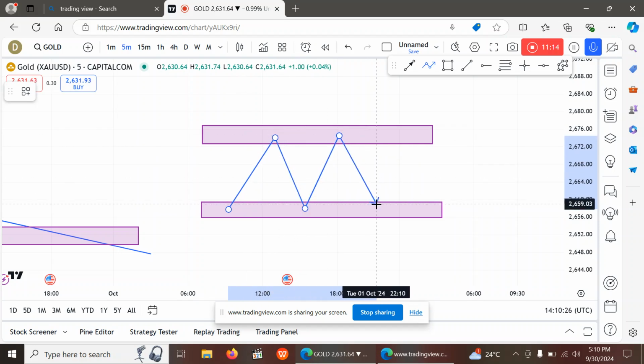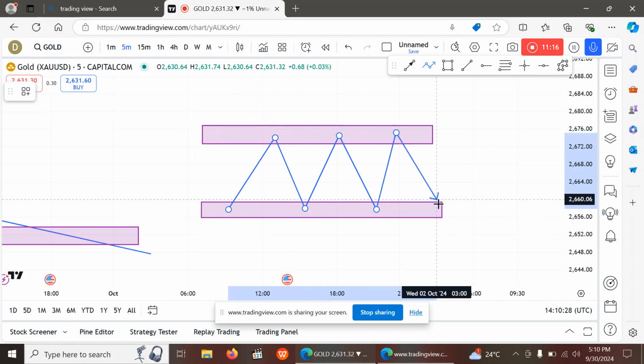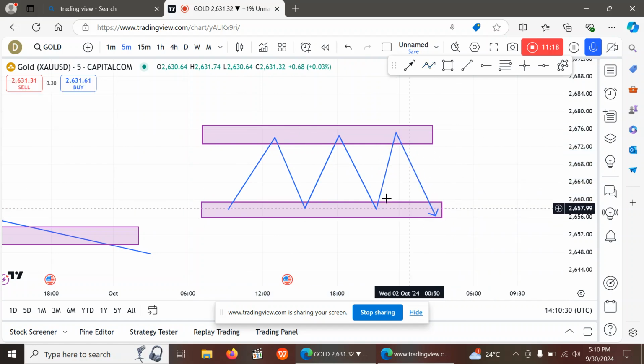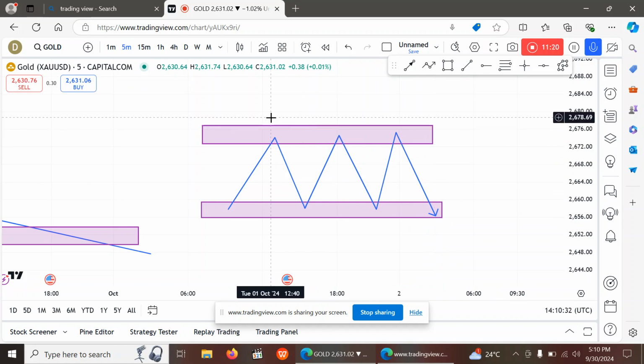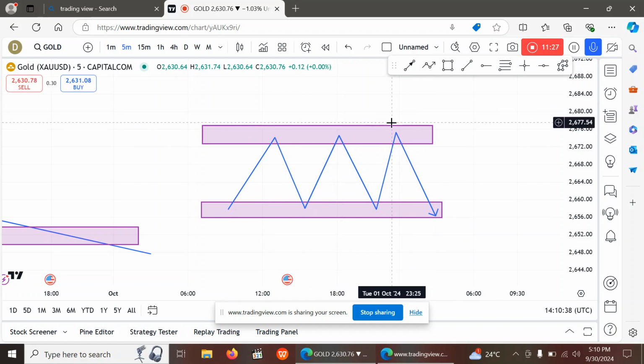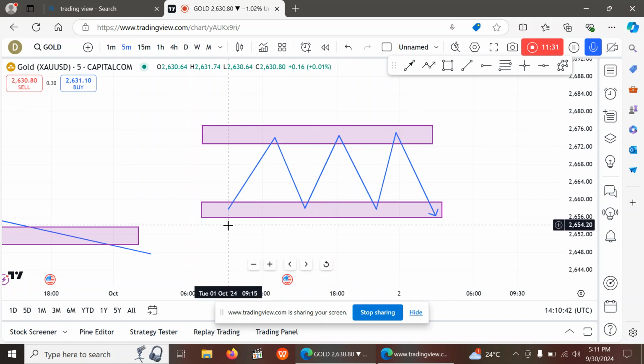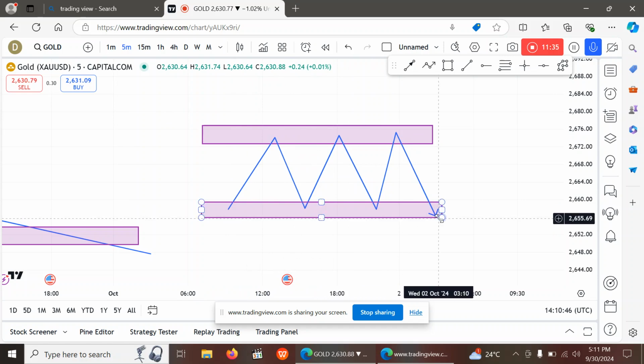What you have to know is that liquidity is everywhere. We have liquidity above here, we have liquidity resting here for the people who are selling. Then we also have liquidity resting here for the people who are buying.